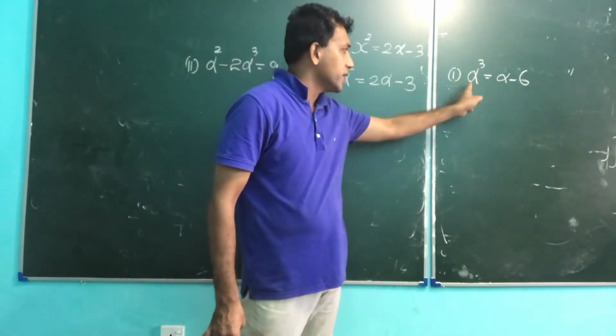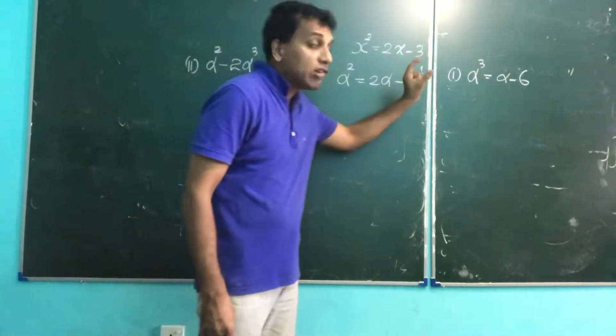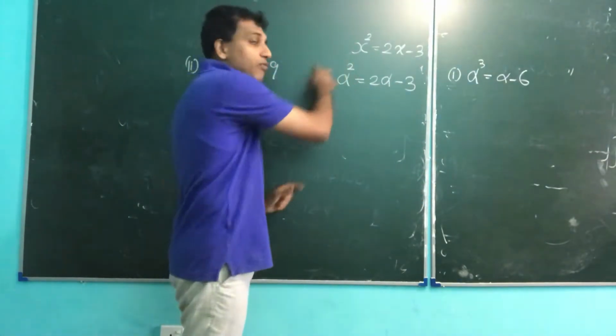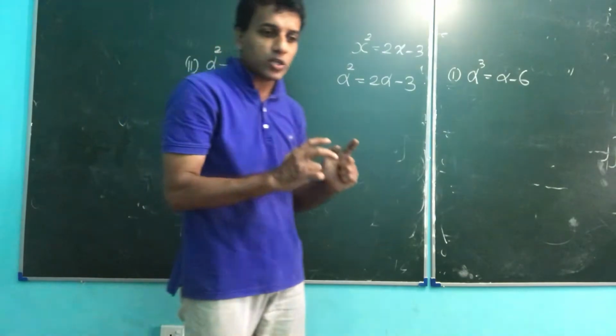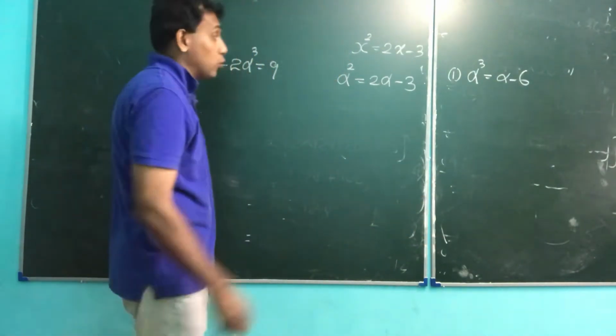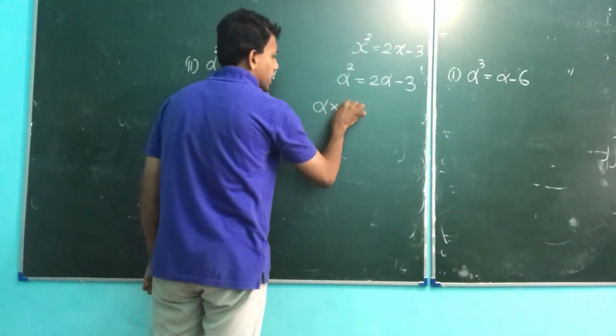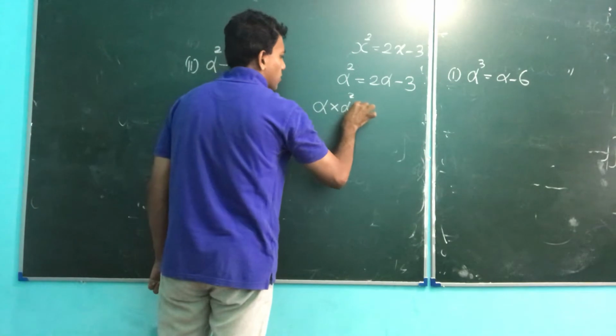Then we go to this answer. They have to show alpha cube equal to alpha minus 6. So what is alpha cube? If you know alpha square multiplied by another alpha, that is alpha cube. Therefore, multiply by alpha both sides.